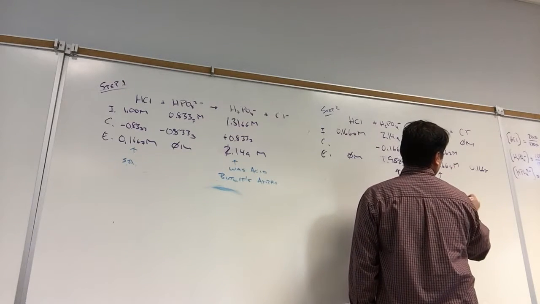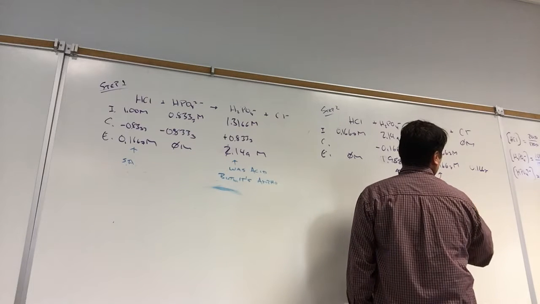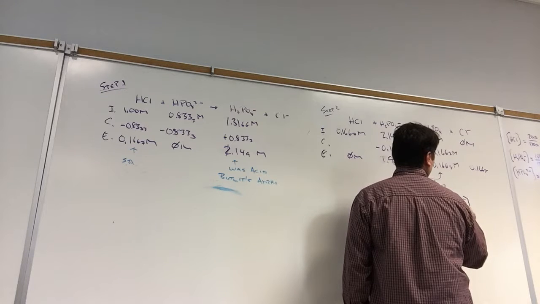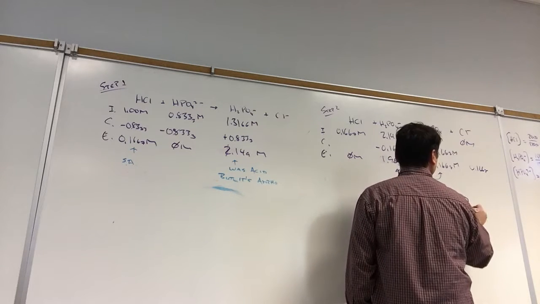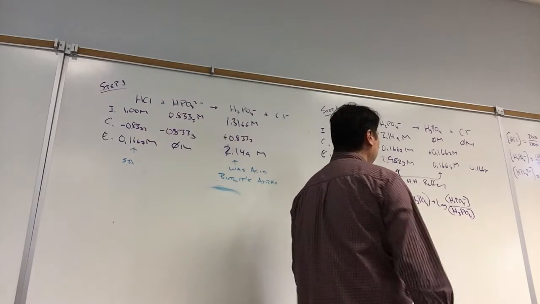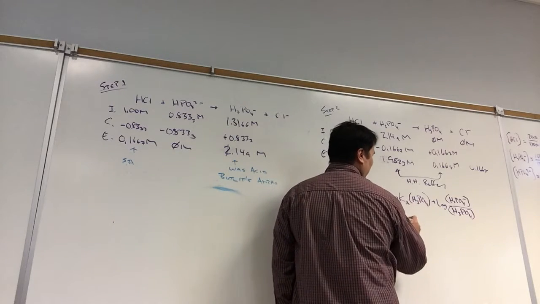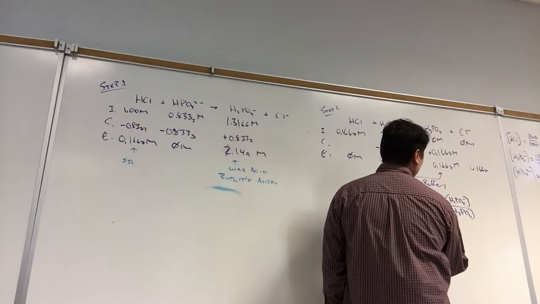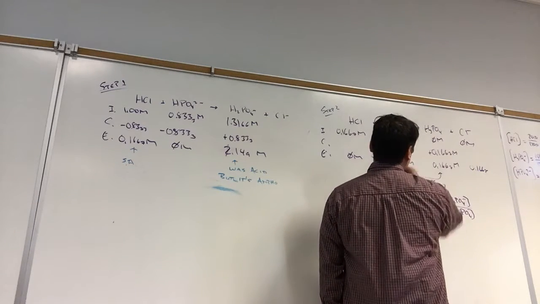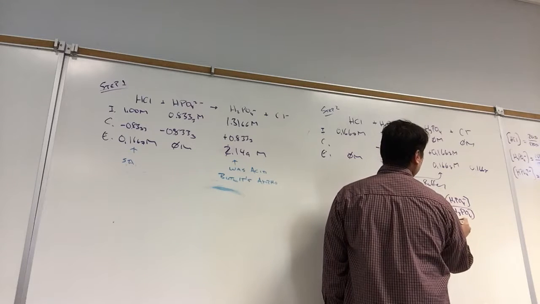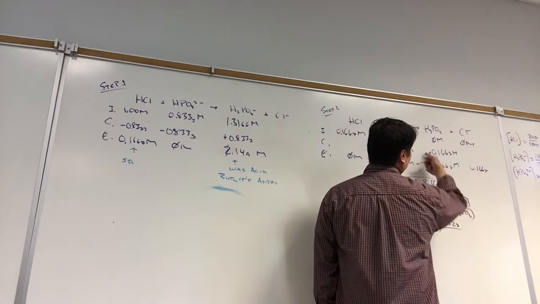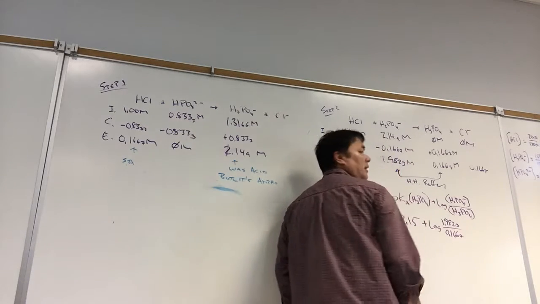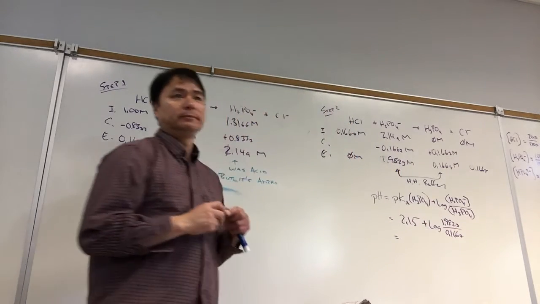What was the acid is now the base: the new base is H2PO4 minus, divided by H3PO4. The pKa of H3PO4 is 2.15, plus the log of H2PO4 minus, which is 1.9823, over the H3PO4, which is 0.1667. This gives us a pH of what?